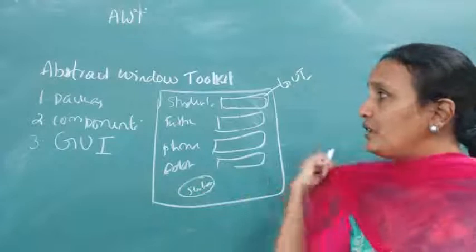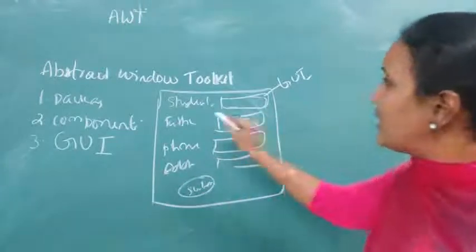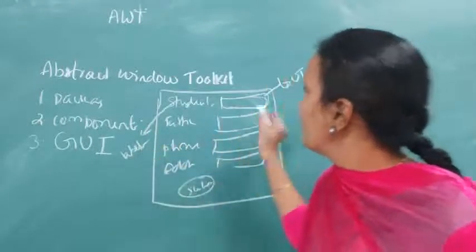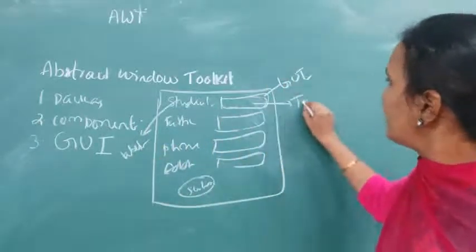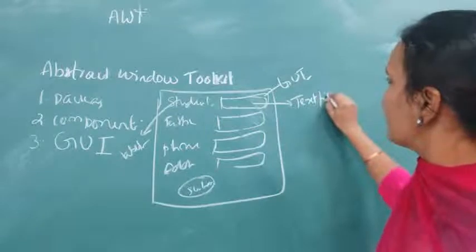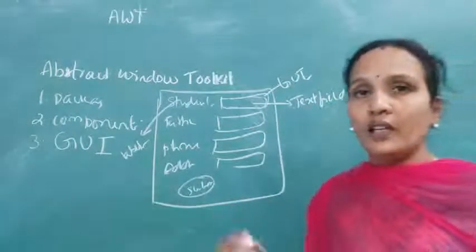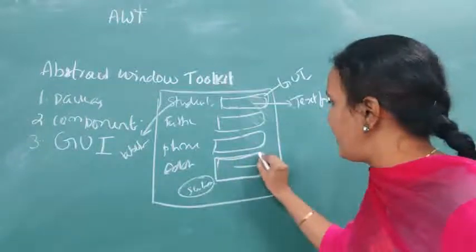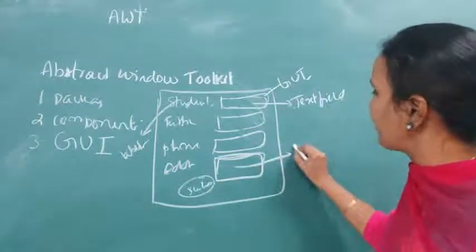So in graphical user interface, see the example, here this is called a label. And this is called a text field. Text field, where we can enter only one line of text.